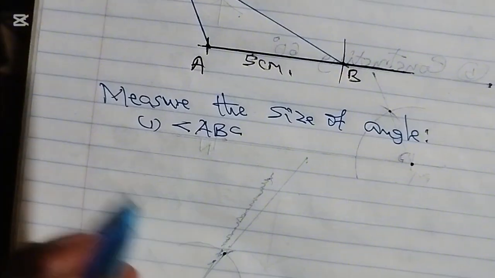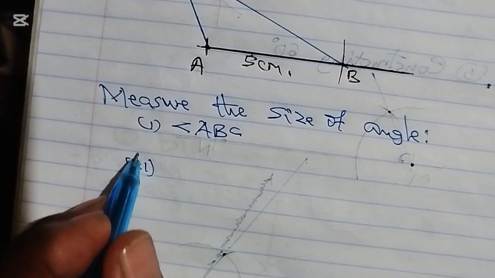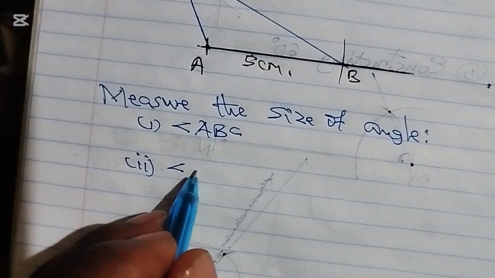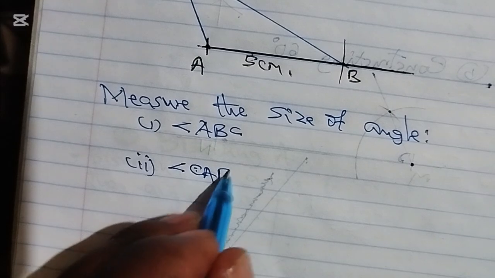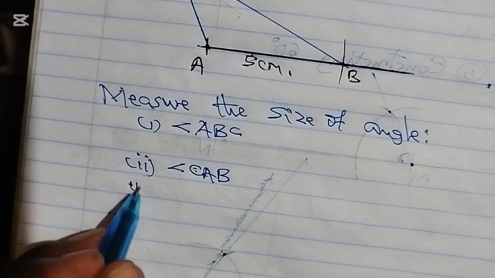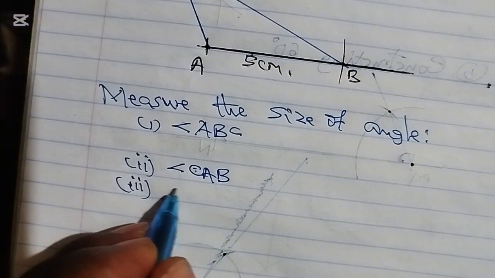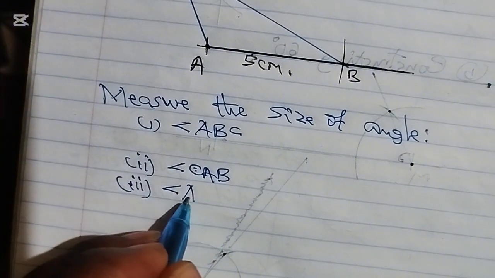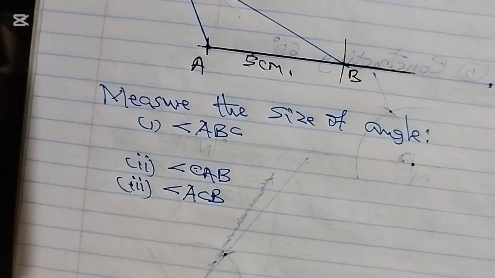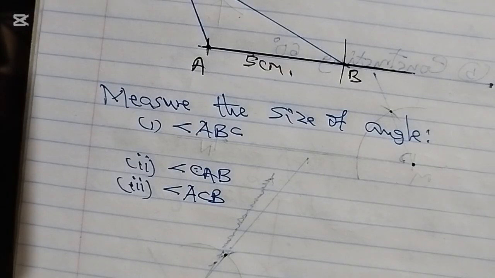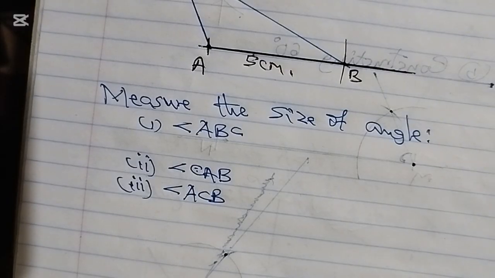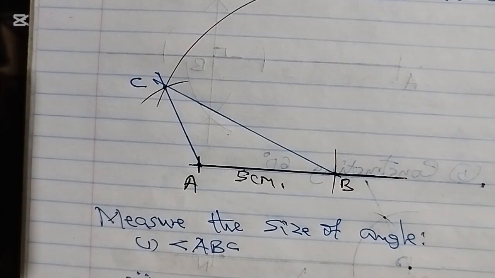Roman 2, we are also going to measure the size of angle CAB. Then finally, Roman 3, we are going to measure the size of angle ACB. So I want to be very keen. We are going to start answering Roman 1, to measure the size of angle ABC.